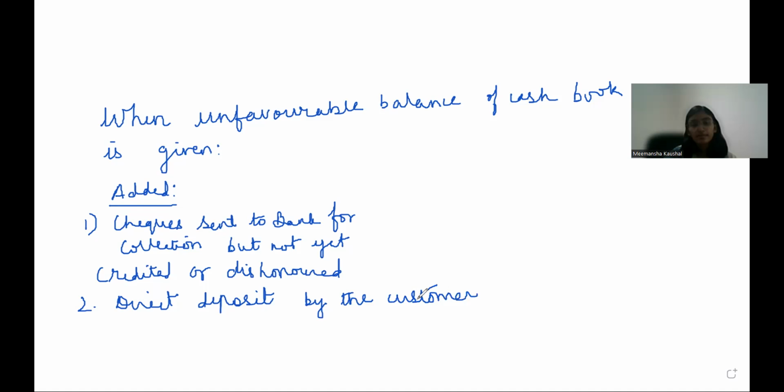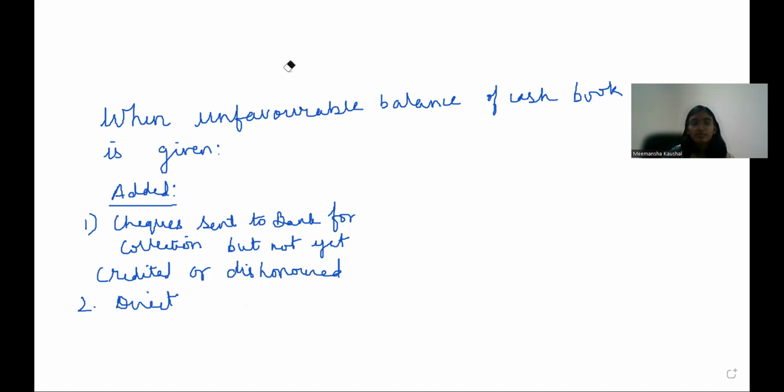Okay, so these were the things you must have noticed, that you were deducting checks sent to the bank for collection but not yet credited or dishonored. This is when we discuss cash balance as per favorable, right? This thing you deducted. No, this is something else.